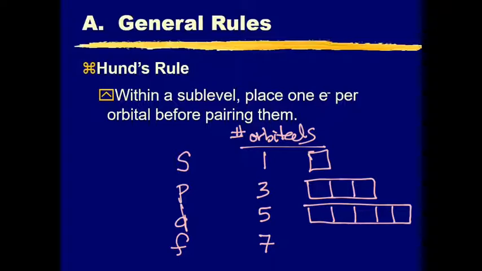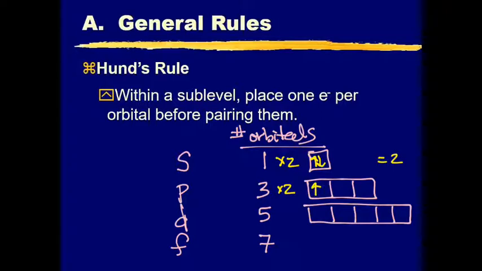We can also add on your number of electrons, just so that you're aware, trying to tie this back into section 2. If S can only hold 2 electrons, 2 electrons per orbital, 1 times 2 is equal to 2. 3 times 2 is 6.